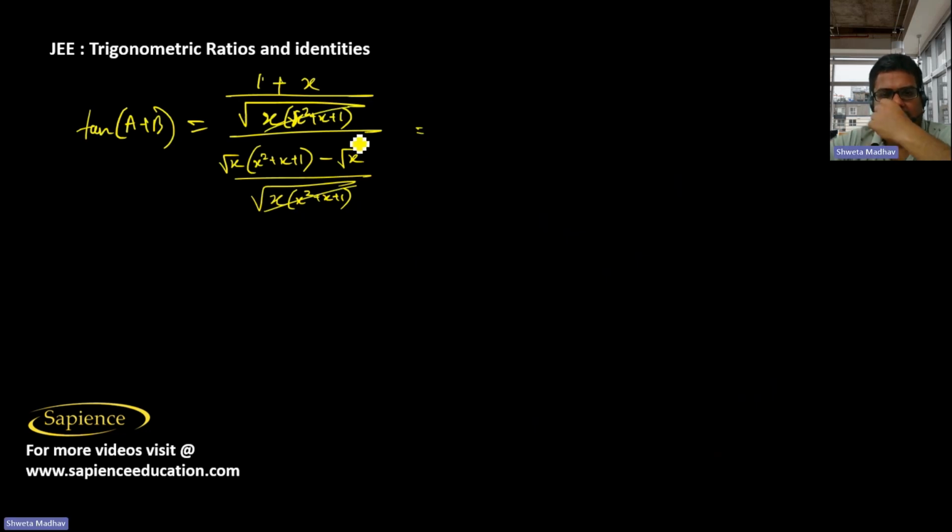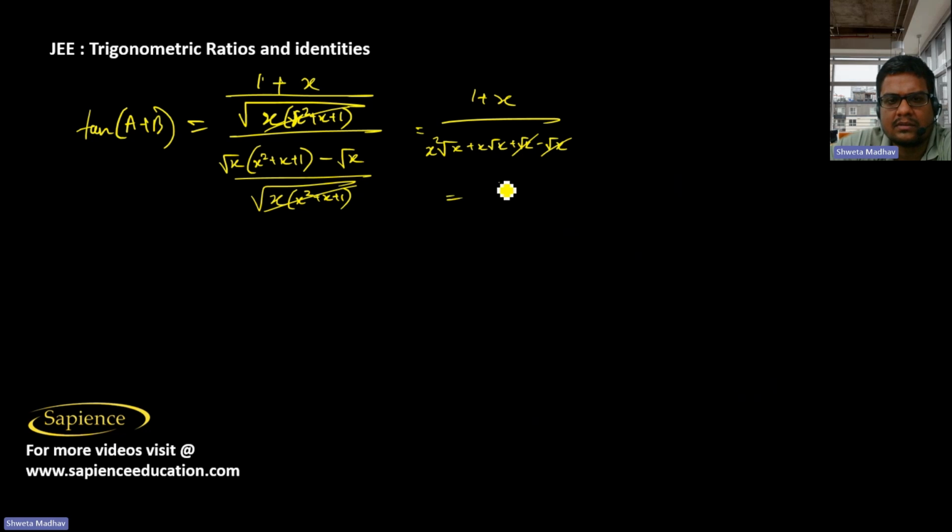These two will get cancelled. Then we will get 1 plus x divided by x square root x plus x root x plus root x minus root x. Root x will cancel. Then we'll get (1 plus x) into x root x, and x plus 1 will cancel. So I'll get 1 by x root x.